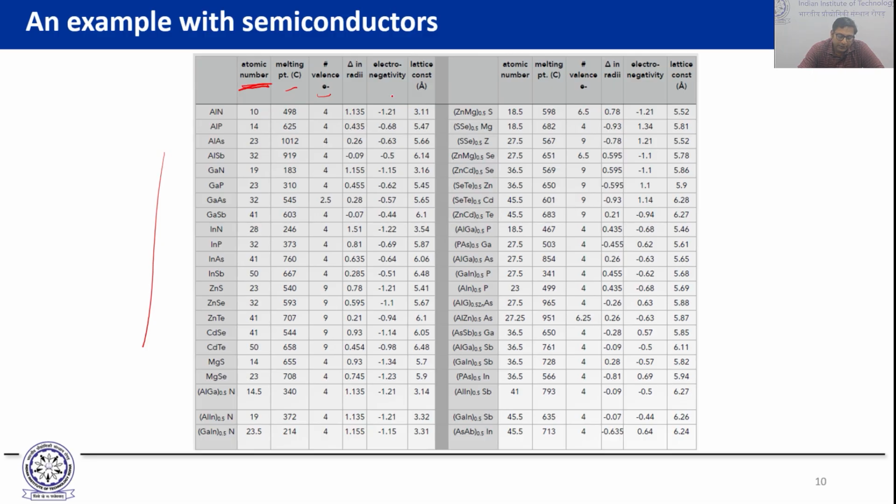We are looking at the averaged electronegativity, and we are also using the lattice constant. So in this toy data set, you can see that we have already described our semiconductors using 6 different types of features.